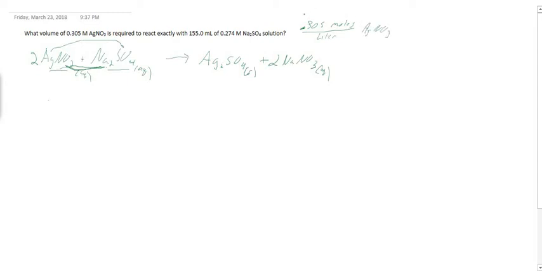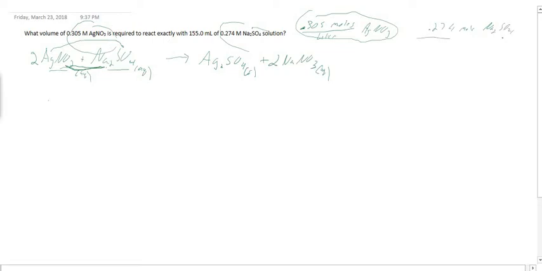I'm going to just say my molarity is moles per liter, and I get that from right here. And so I can use this now as a conversion factor. I'm going to do the same thing for the sodium sulfate right here. That really means in my mind that there are 0.274 moles of sodium sulfate for every liter.